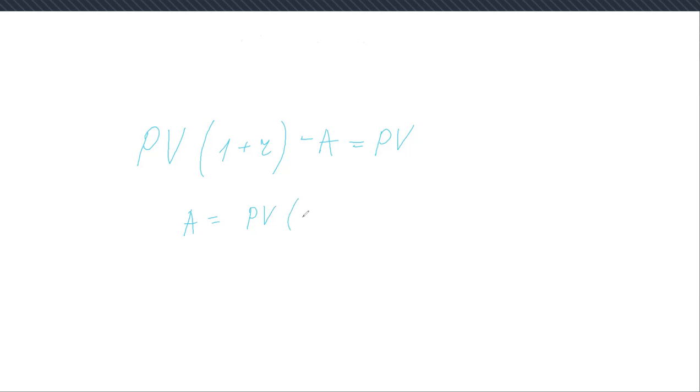So PV times 1 plus R minus PV, and A equals PV times 1 plus R minus 1, yeah? But in this problem, I should find PV. Okay, I get you. What is PV? Present value. PV equals... yeah, okay.